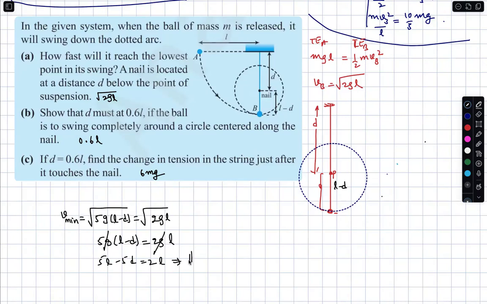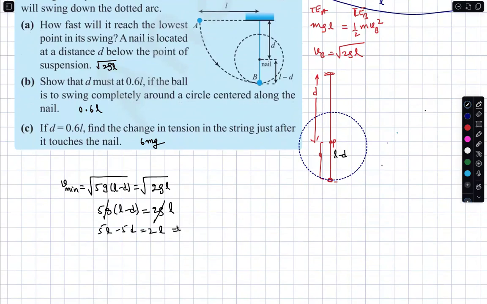Clearly 5D is 3L, which implies D is equal to 3L by 5.